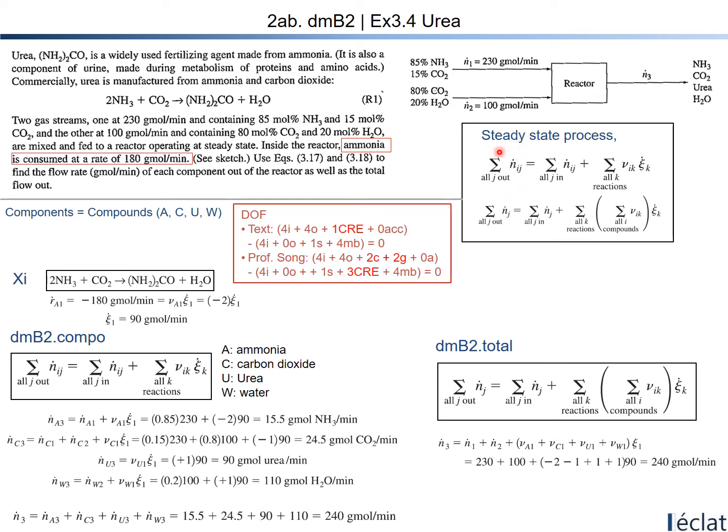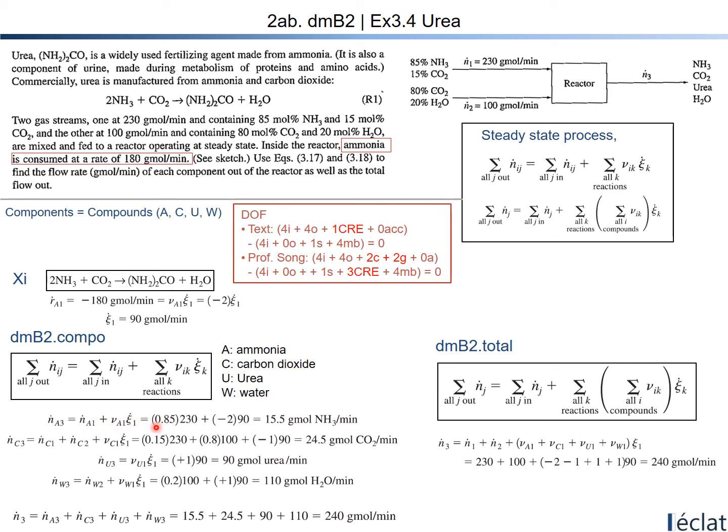So output is equal to in plus generation minus consumption. From now on, instead of generation minus consumption, I'd like to use just the word generation. Minus generation is consumption, so this is just generation. Then output is equal to input plus generation, right?